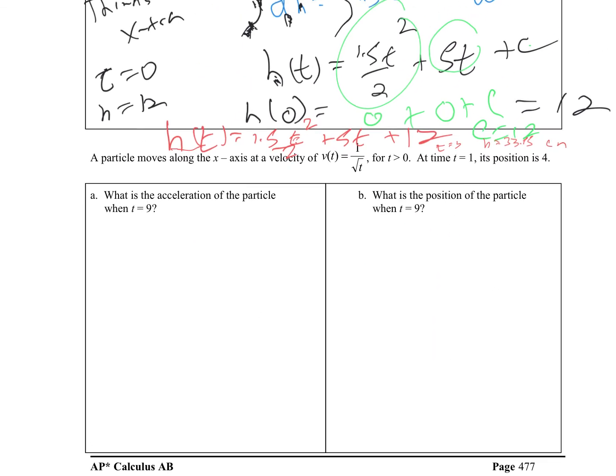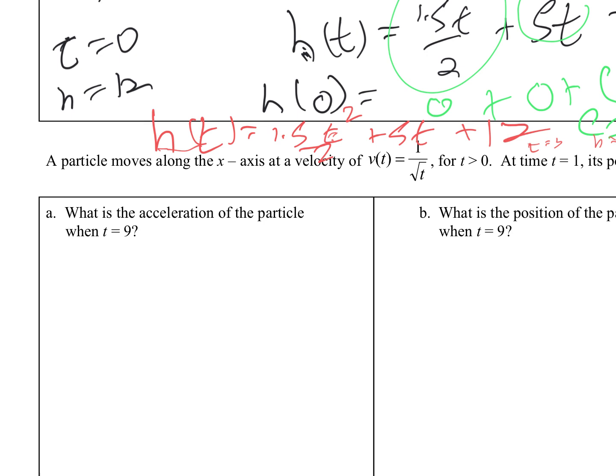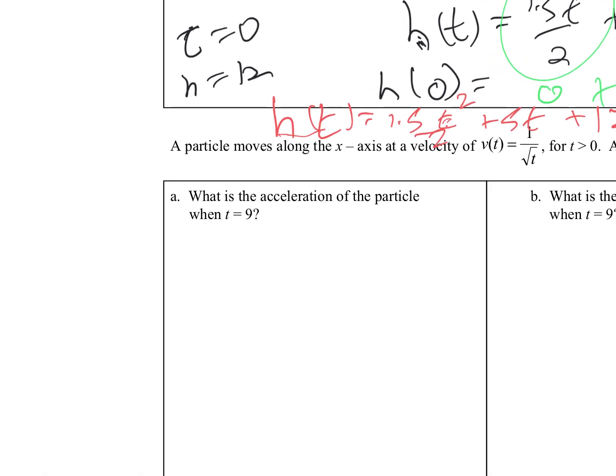All right, last thing. You do know your relationship between derivatives, right? If a function f of x is a position, how high it is, what is it called when I do the derivative? Position turns to velocity.